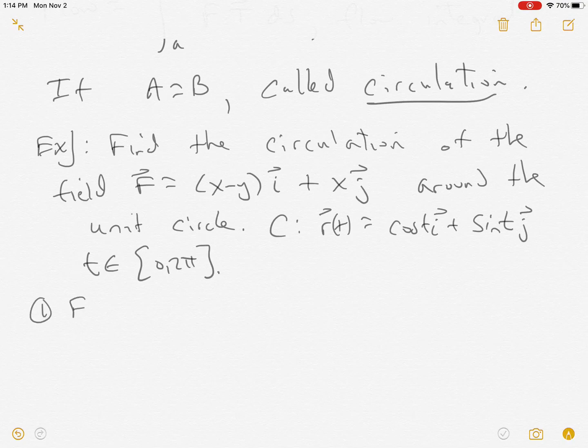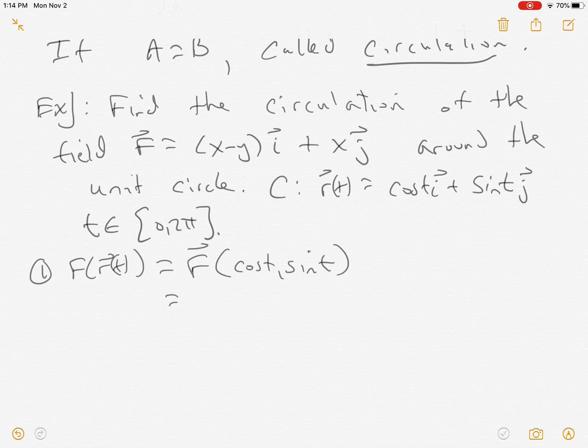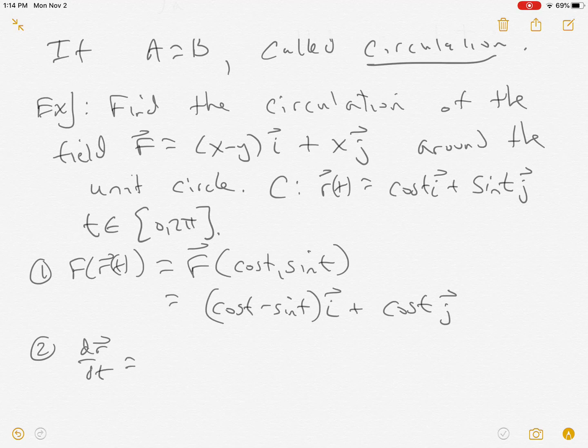So it's just like above, we compute F of r(t), which is F of cos t, sin t, and that turns out to be x minus y, so cosine t minus sine t i plus x j, which is cosine t j. dr/dt is minus sine t i plus cosine t j.